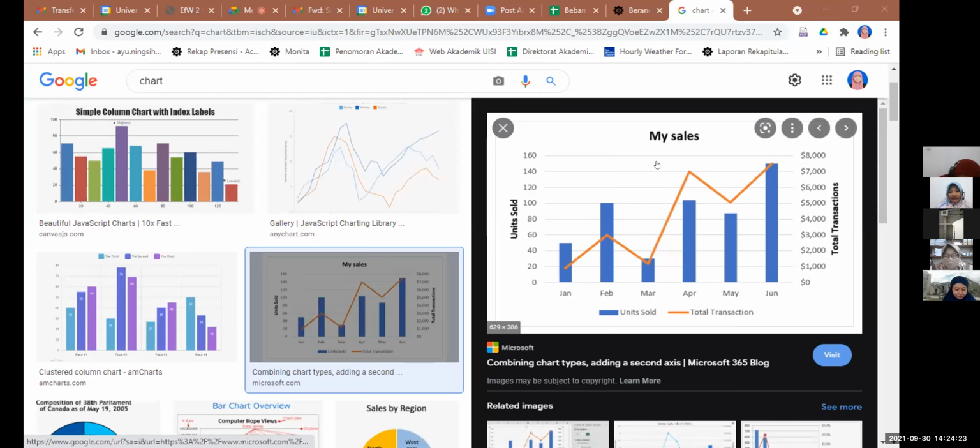You can click to make it bigger. Okay, can you explain a bit, Miss Ayu? We can see it there. Can you explain the chart there? You can turn on your sound.